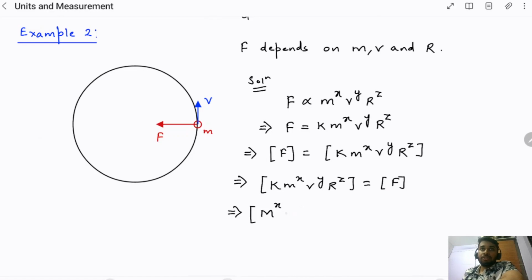V here is speed, for which the dimensional formula is LT to the power minus 1, so the whole to the power y. R here is radius, whose dimension is L, so L to the power z. Now the dimension of force, we are aware, is MLT to the power minus 2.